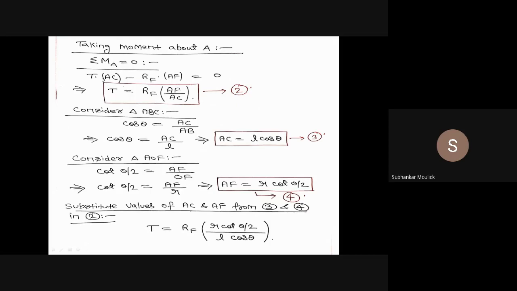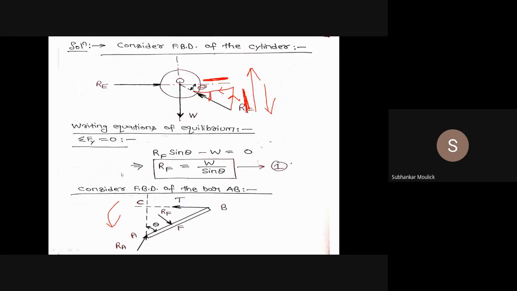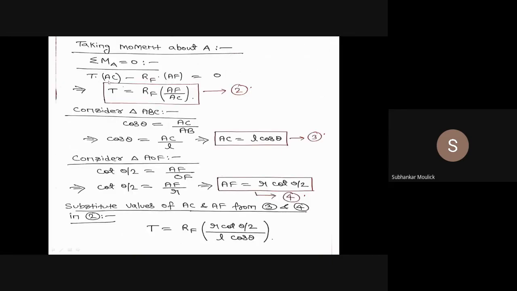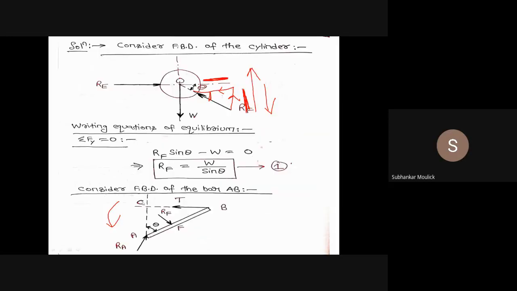That means clockwise direction I have to take negative. So the moment at point A due to this tension force is T into AC. Is it clear? Any doubt? No, sir, no doubt. Okay.